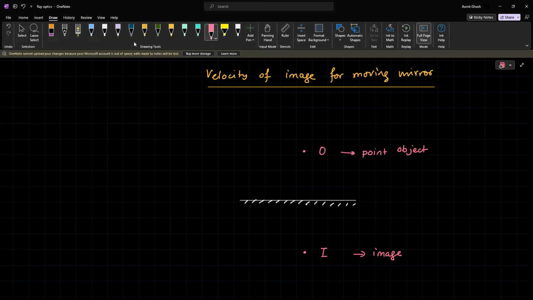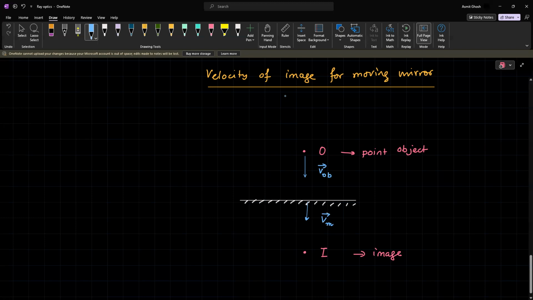Now I am telling that this is moving at a velocity VO. Okay, so this is the velocity of the object. This mirror is also moving at a velocity of Vm.